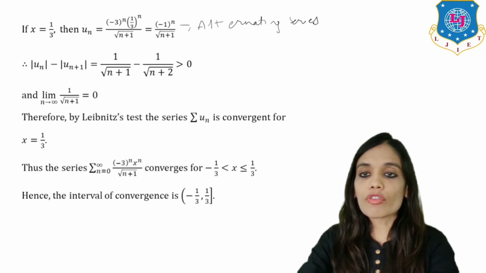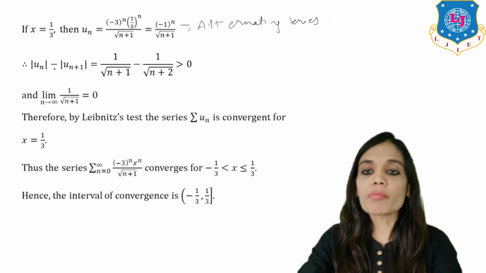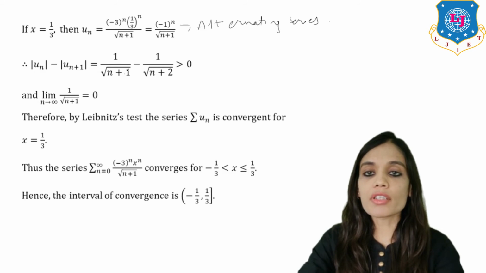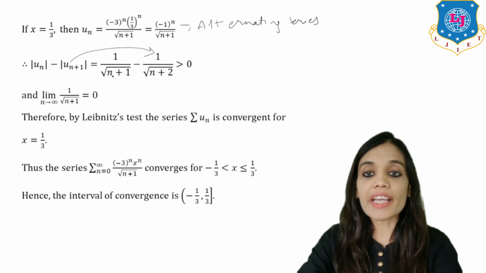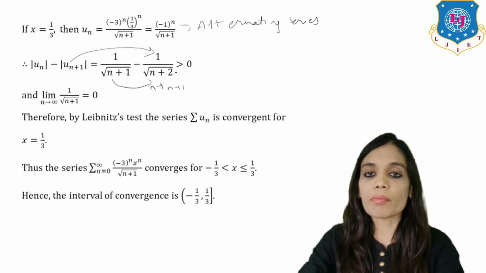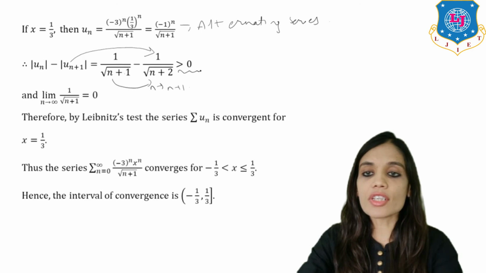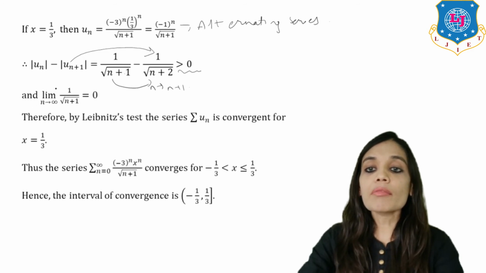Leibniz test. So firstly check mod un minus mod un plus 1. Just put the value of mod un, which will be 1 upon square root n plus 1, minus put the value of mod un plus 1 by replacing n by n plus 1. So it will be 1 upon square root n plus 2. Now you can see that this is always greater than 0. And now find the limit n tends to infinity mod un.